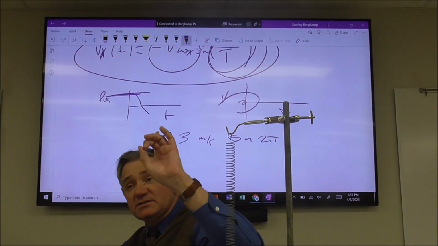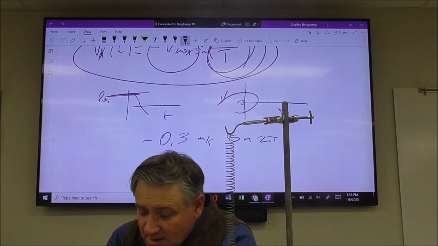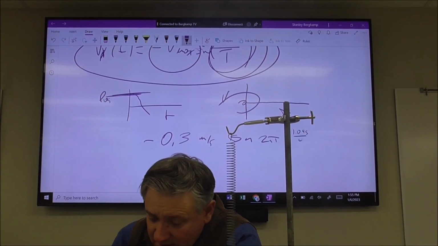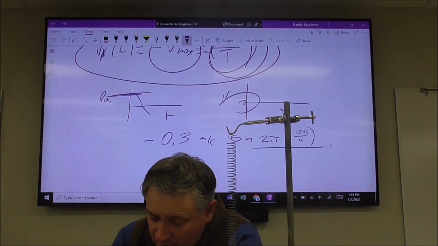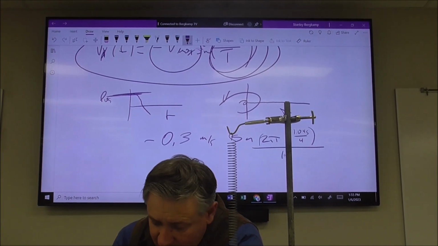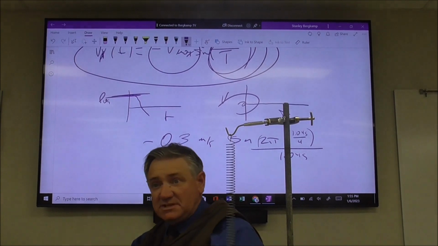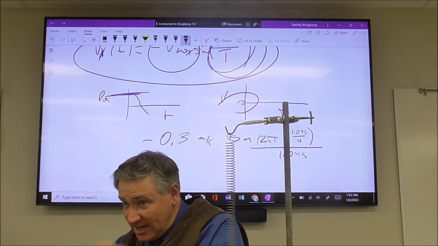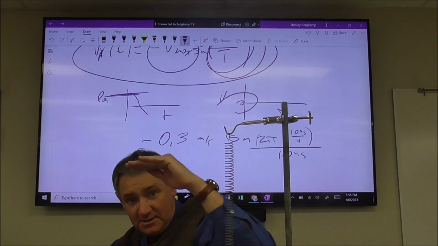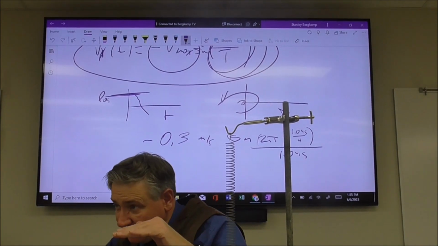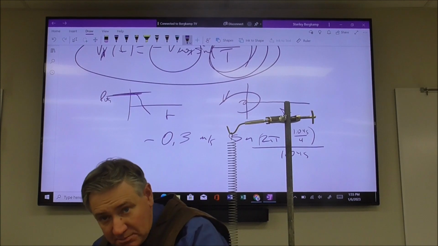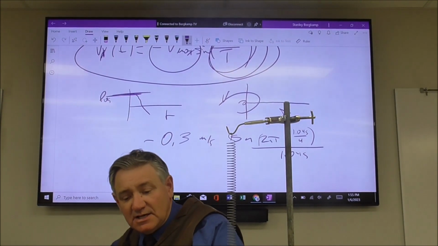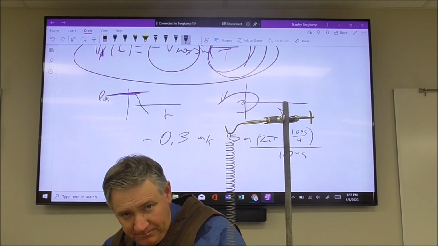Now, if you were to do smash mouth physics, you're going to take 1.04 seconds, divide that by 4, and then divide that by 1.04 seconds because you want 1/4 T. So if you're into smash mouth physics, take the period, divide that by 4, multiply that by 2 pi, divide all of that by 1.04, take the sine of that, multiply that by negative 0.3.